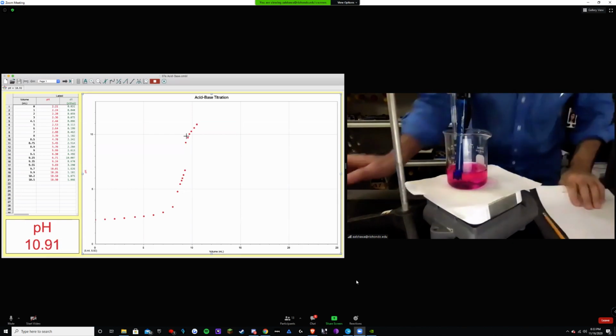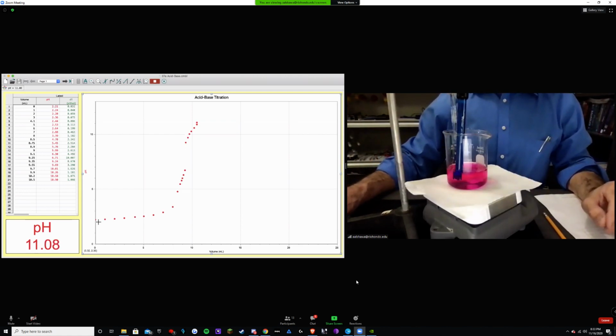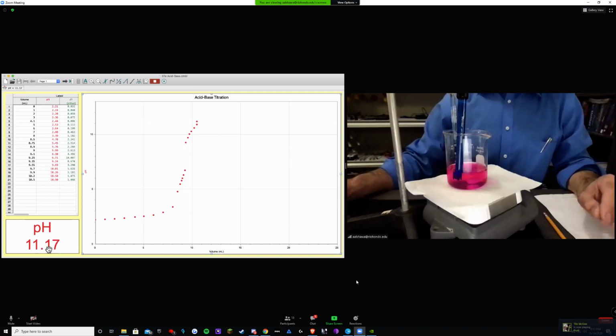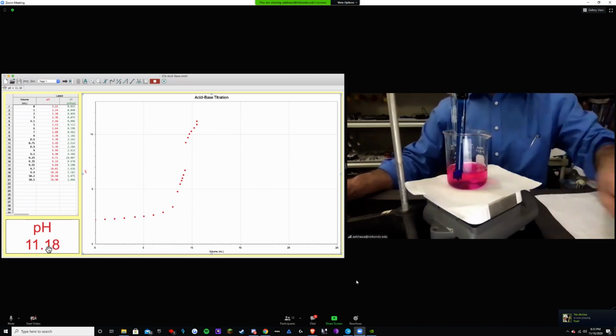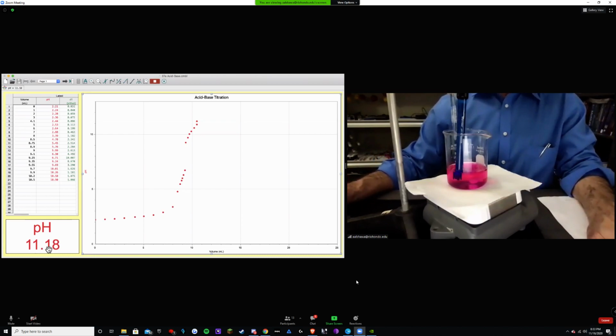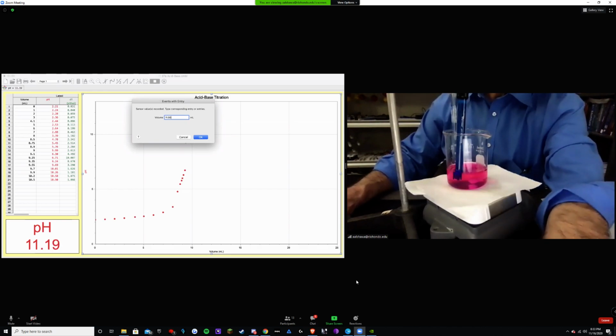So this is 11. Keep an eye on that digit. So far we're at 11 milliliter addition. Looks like we're good, right? So I'm going to keep that 11.00.